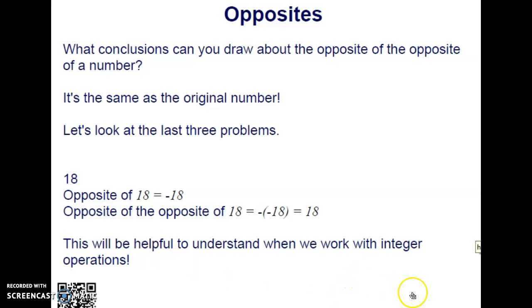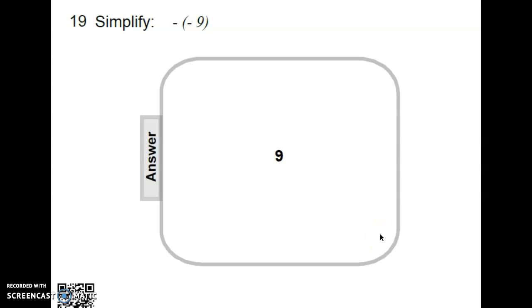And let's take a look at a few of those examples. Simplify the opposite of negative 9. Did you get positive 9? How about the opposite of negative 12?